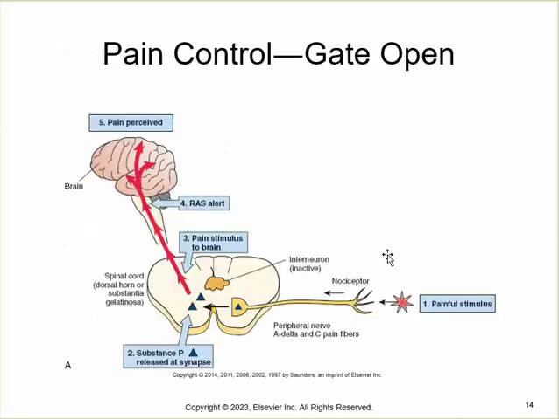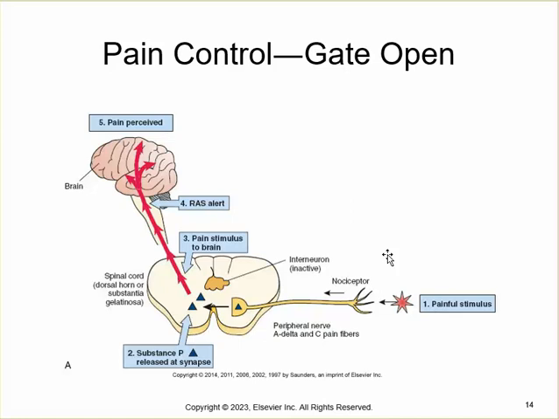So here's what it looks like with the gate open. So the painful stimulus affects the receptor, the peripheral fibers, the A delta and the C fibers, get to the spinal cord. Now it goes in the dorsal part of the spinal cord, not the ventral, like this picture shows.